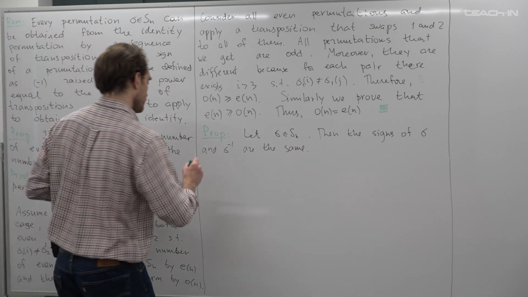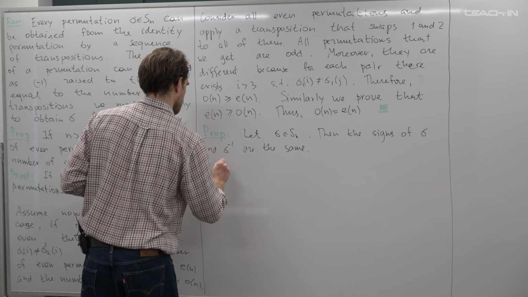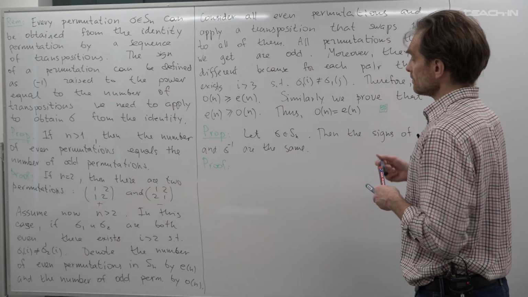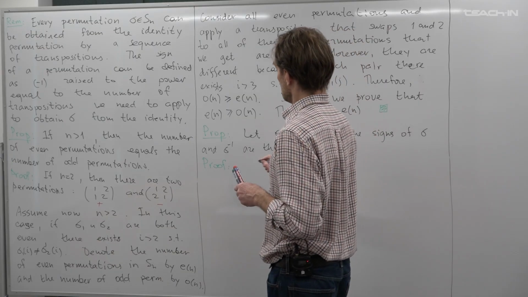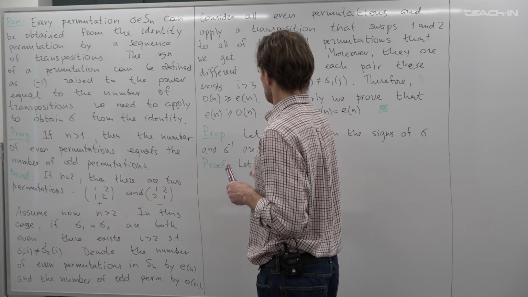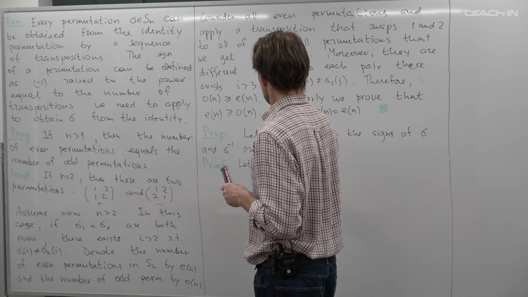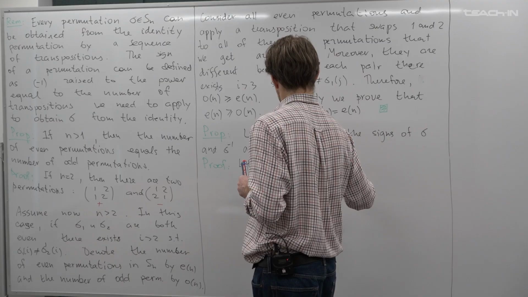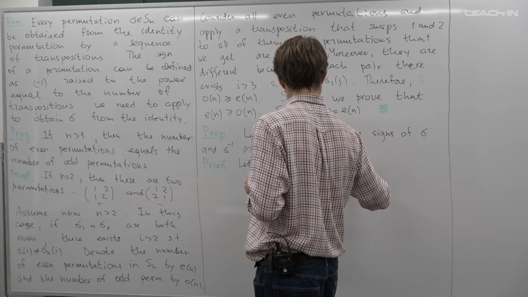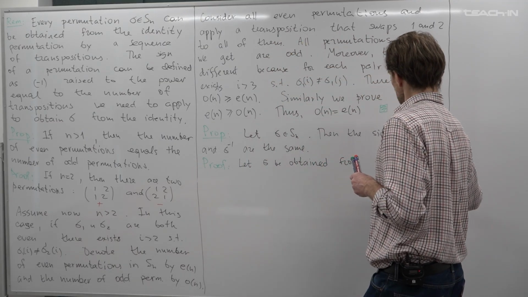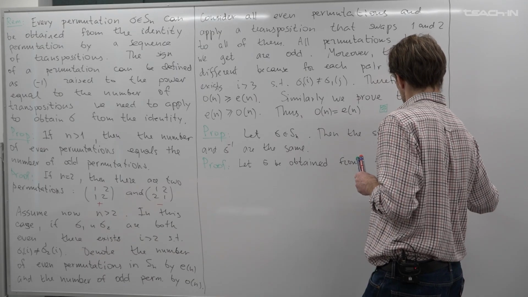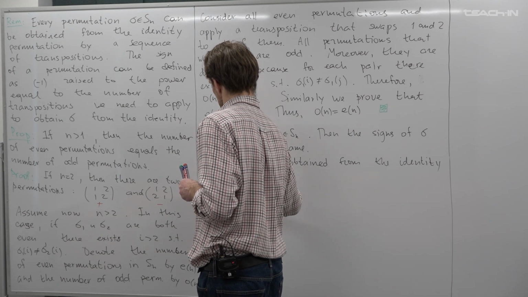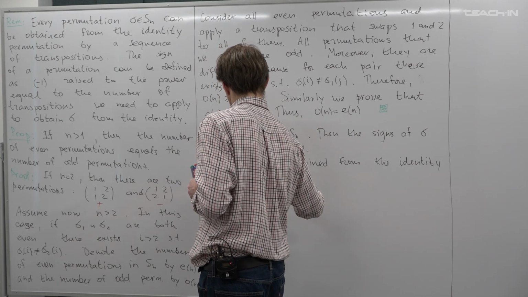Okay, so let us prove this. So let sigma be obtained from the identity by a sequence of transpositions.